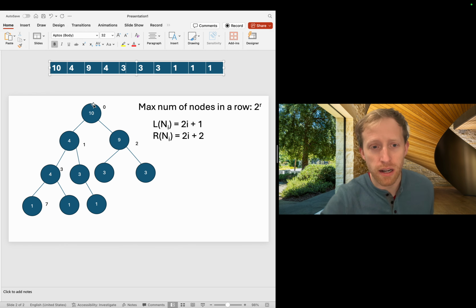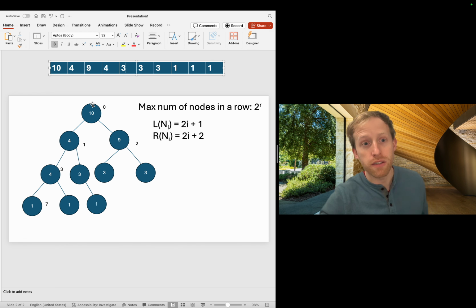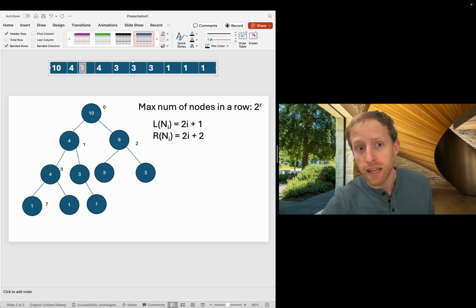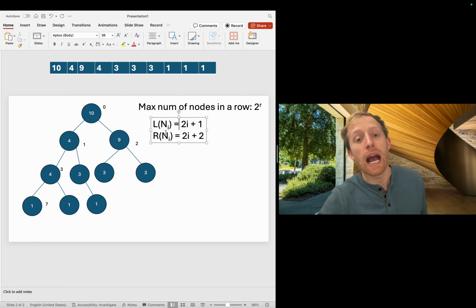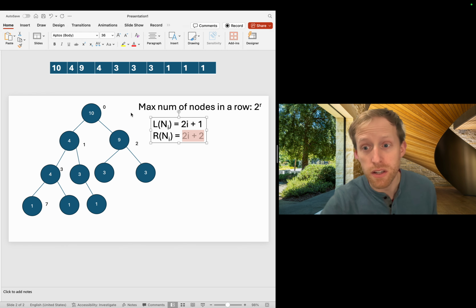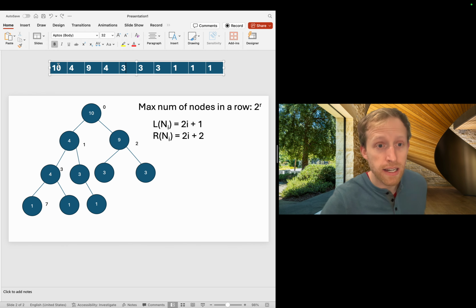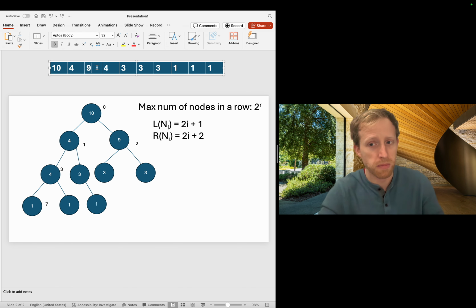Like this is not sorted order, right? But I can always look at the left and the right child by just doing this computation right here. So I can search through the array's indexes because this is the 0th index of the array, this is the 1st index, this is the 2nd index, and I can actually just use an array if I'd rather.